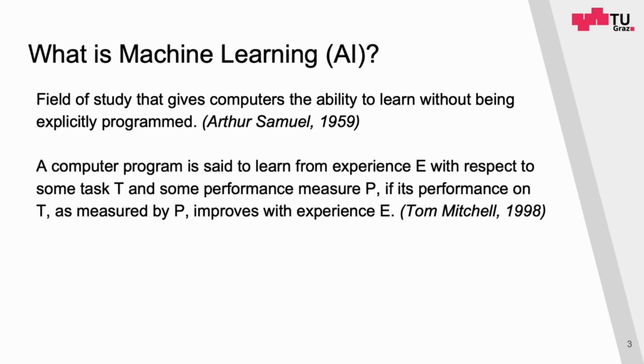And if we look at a more recent definition by Tom Mitchell, then a computer program is said to learn from experience E with respect to some task T and some performance measure P if its performance on T as measured by P improves with experience E. This might seem a little bit long and complex, but we will see what this means a few slides later. So AI is basically the science of making machines smart.